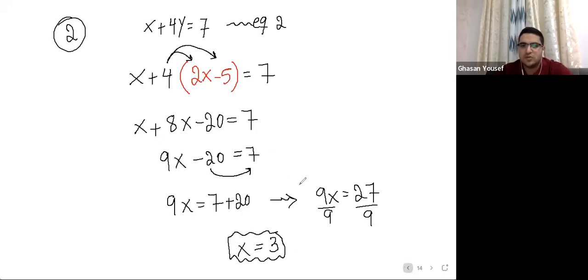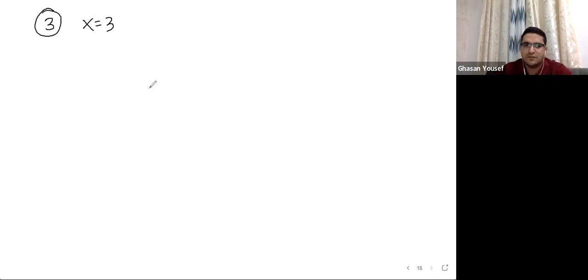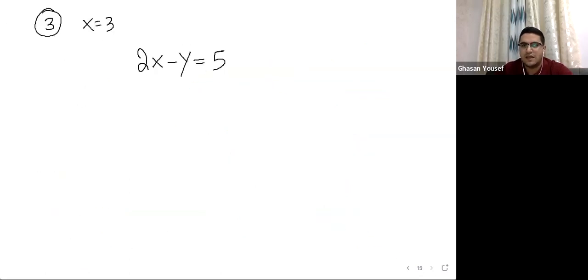Now I will choose one of the equations to plug the 3 into to find the value of y. I will use the first one, it is easy, right? 2x minus y equal 5. Okay, plug the 3 inside this equation.